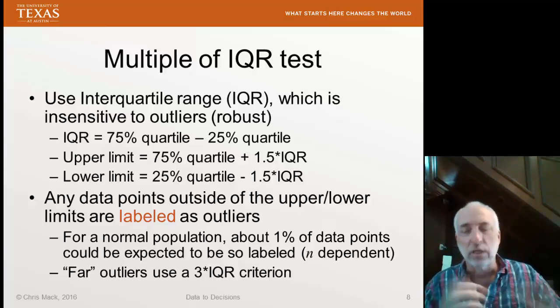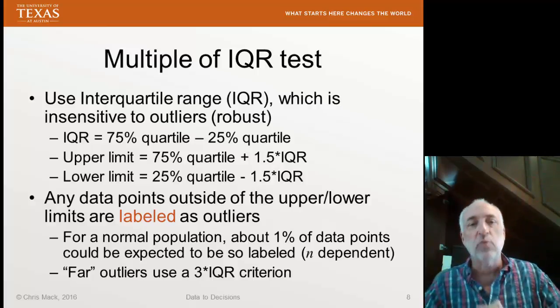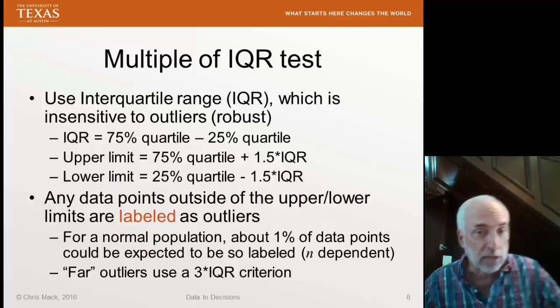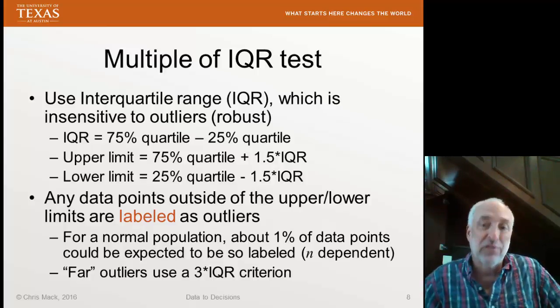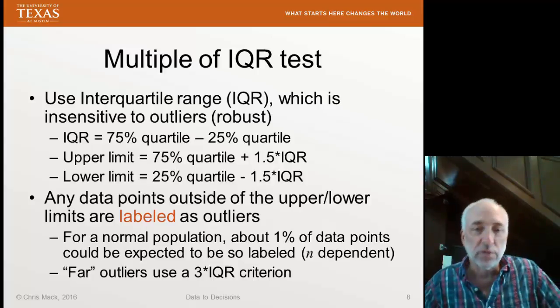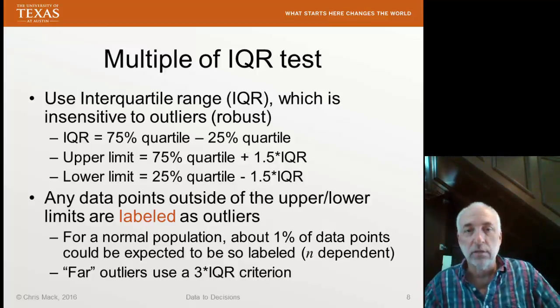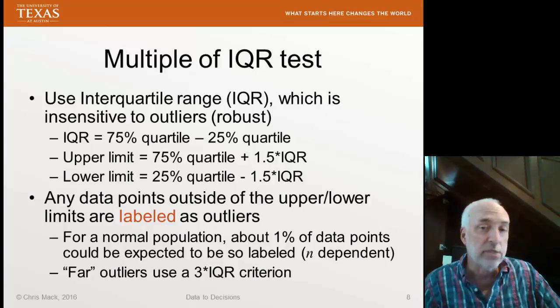For a normal population with a large value of n, we typically get about 1% of the data points that are labeled in this way, just due to random chance. Well, if you have a lot of data points, that means if you have more than 100 data points, you're going to expect to see some data labeled as outliers by this method, maybe more than you'd like to pay attention to.